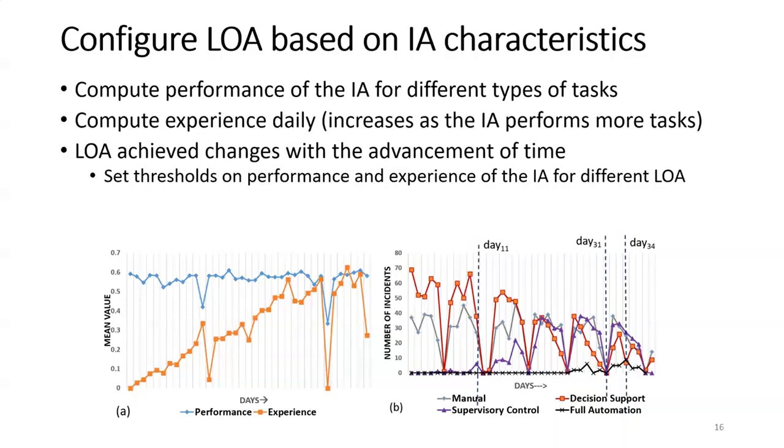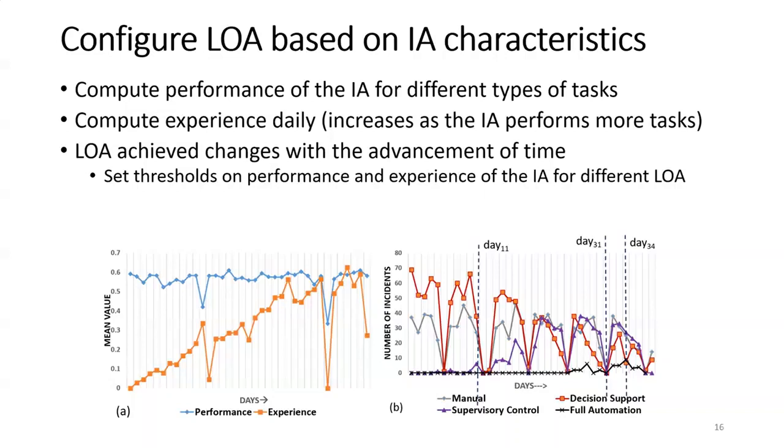We compute the experience of the IA, and you would see a gradual increase in the experience as IA is predicting more and more teams. And then by defining these thresholds, different levels of automation can be achieved.